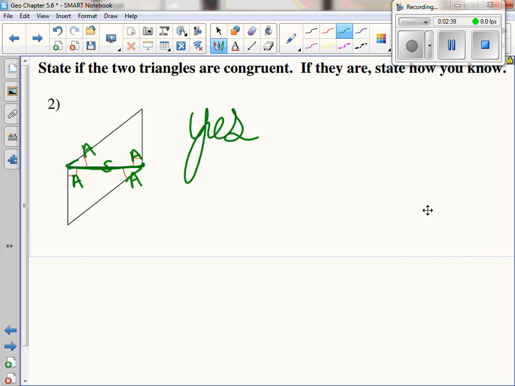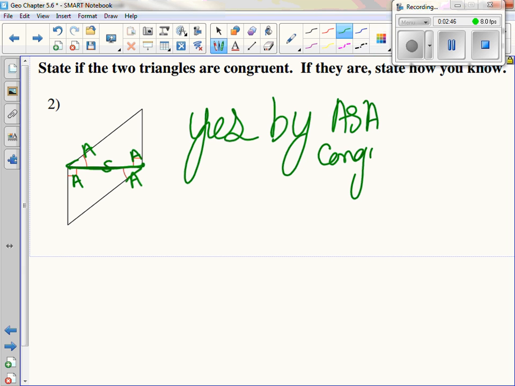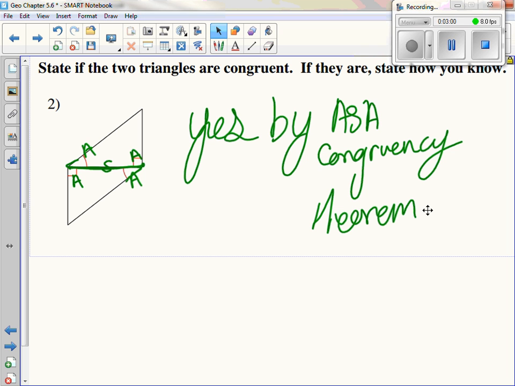So this here would be yes by angle, side, angle congruency theorem. Any questions on any of this here? We ready for the next one?